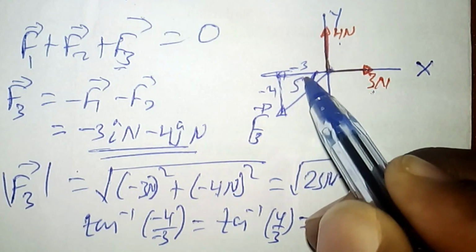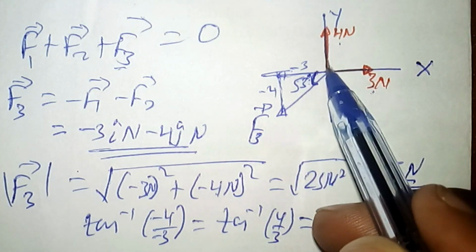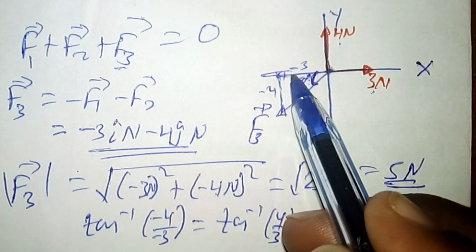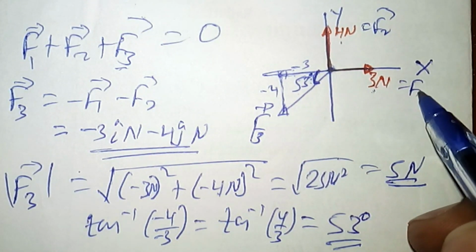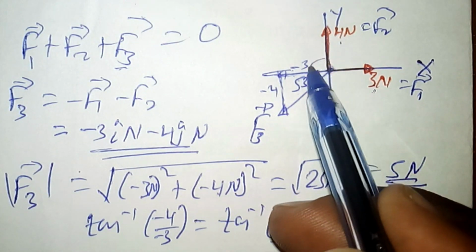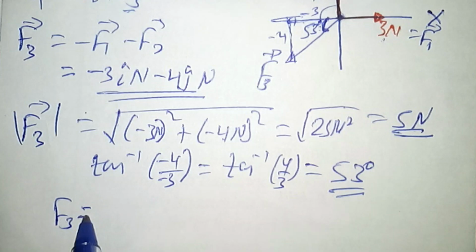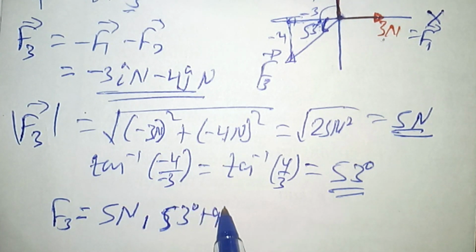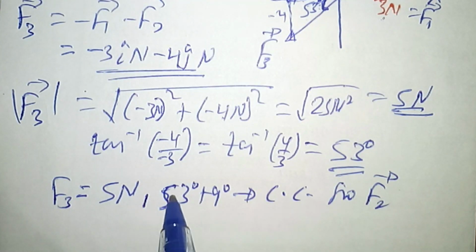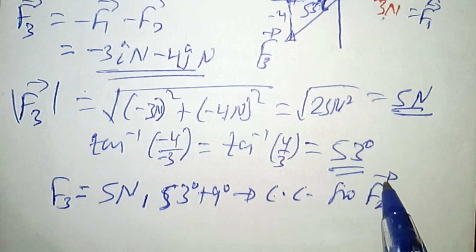So this angle is 53 degrees, but the question requires the angle of this force from either F2 or F1. So this is F2 and this one is F1. So from F1 I have to add the 90 degrees here. That means force F3 is equal to 5 Newton at an angle of 53 plus 90 degrees counterclockwise from F2.